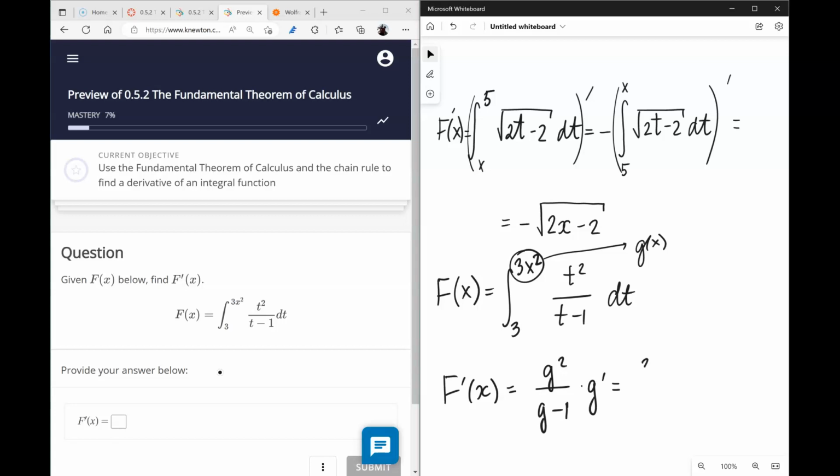So in our case it will be 3x squared divided by 3x squared minus 1, and we're going to multiply by the derivative of 3x squared, which is 6x.